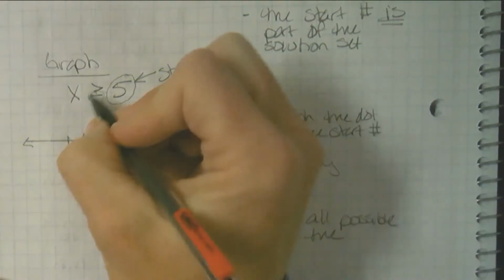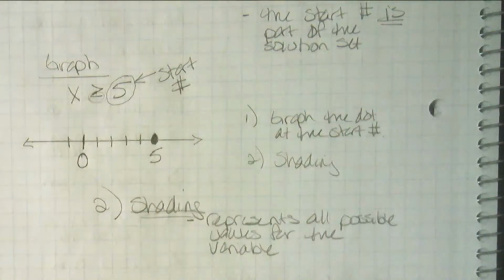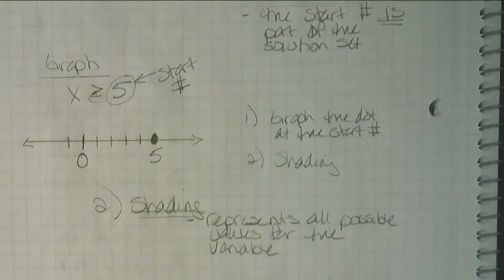So always look at which side of the inequality symbol is facing our variable. If the bigger side is facing it, my x's are bigger. If the smaller side is facing my variable, the x's are smaller. So which way am I going to shade in this one? What are all my x's in relation to my 5? Are they bigger than my 5 or smaller than my 5? Based on this.